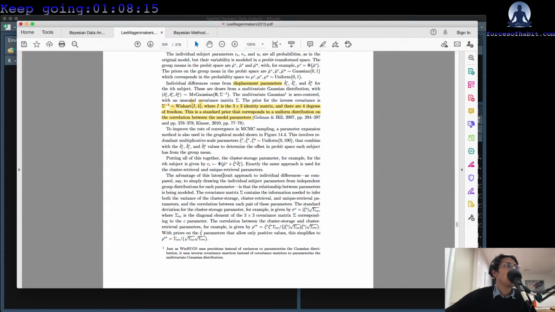The advantage of this latent trait approach to individual differences. So I guess the question here is, why not just create this sort of hierarchical structure for each of the parameters in the model?